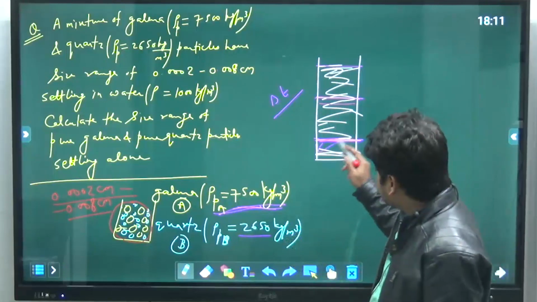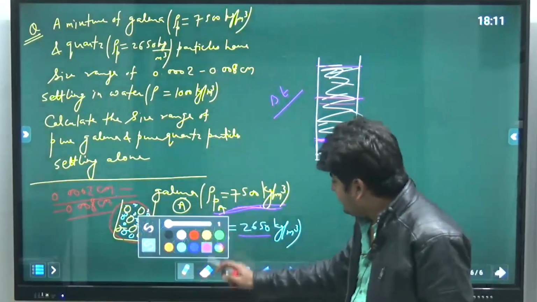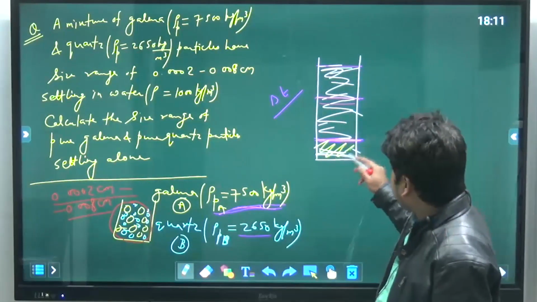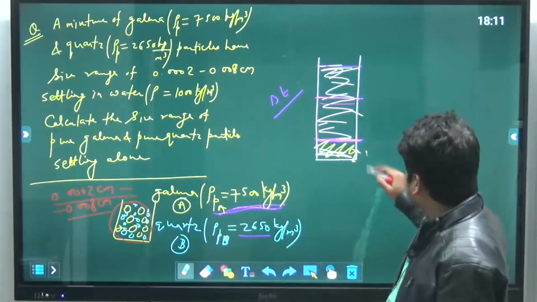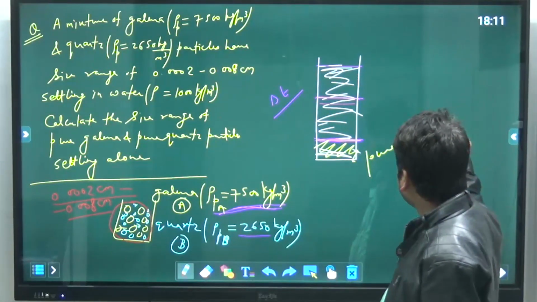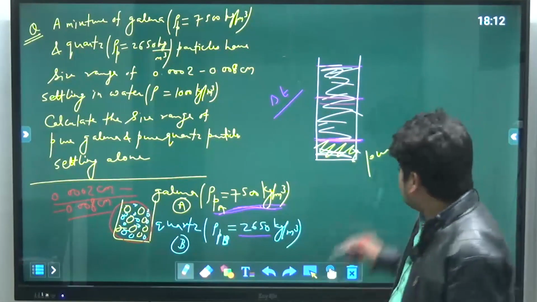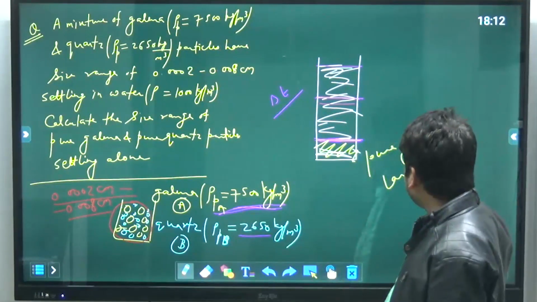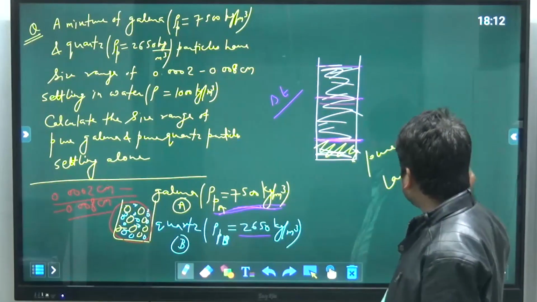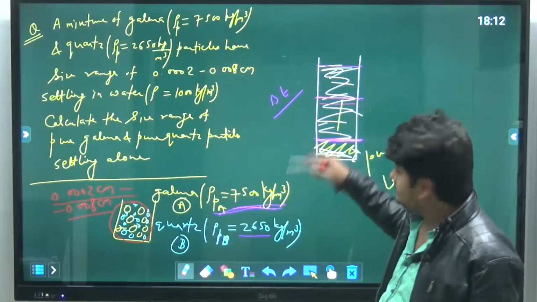So in this bottom section, we will have the galena particles. So we can say the pure galena will be there. And pure galena means the larger size galena particle, because a small size galena particle will be there in this region.